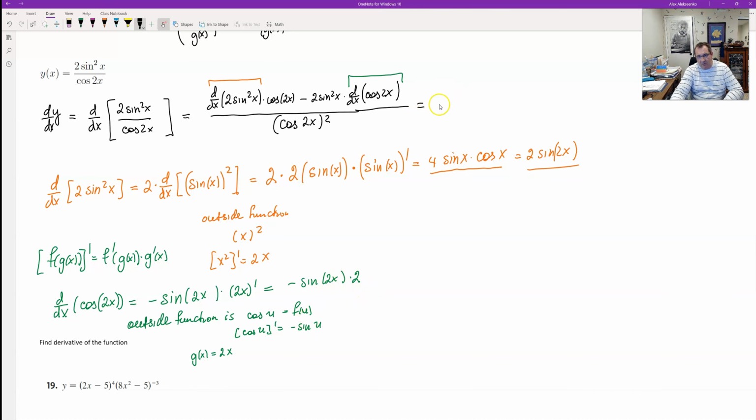Now it's time to continue our original problem. So we'll put the denominator and copy cosine of 2x squared.